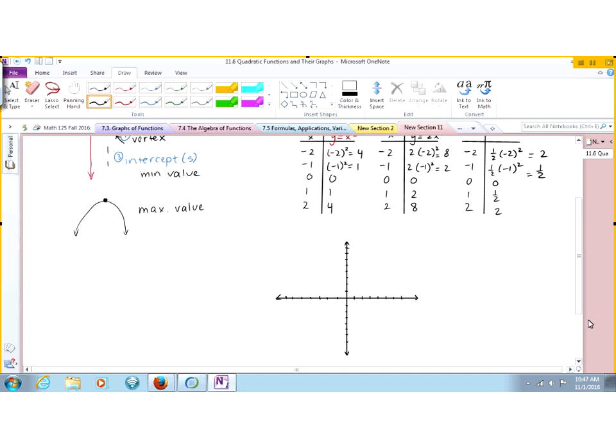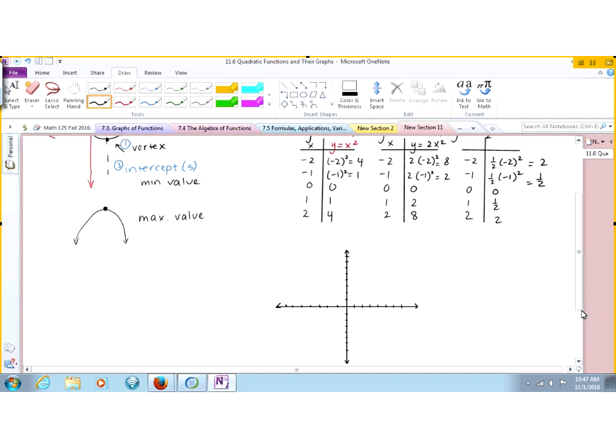Now I'm going to graph y equals x squared. -2, 4 is right here, and then -1, 1 is right here. 0, 0 is right here. 1, 1 is right here. 2, 4 is right here.